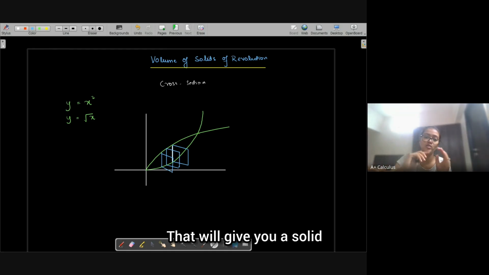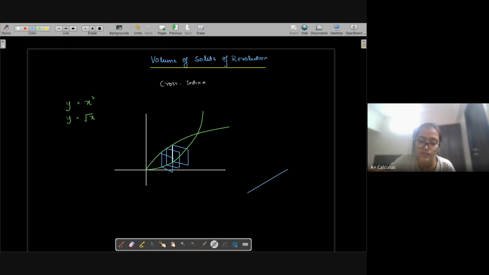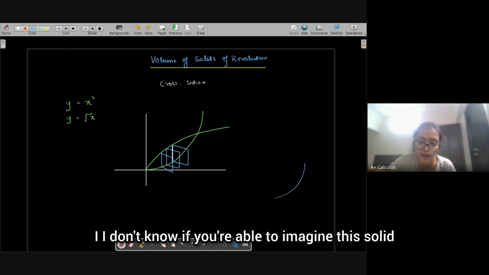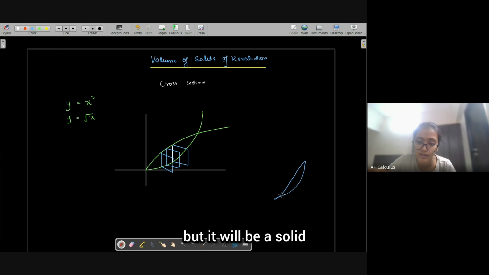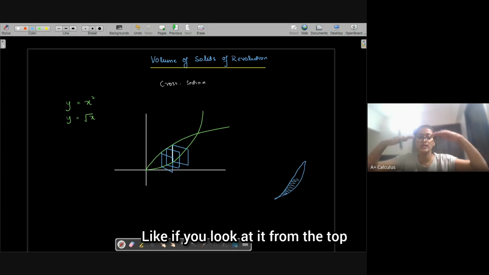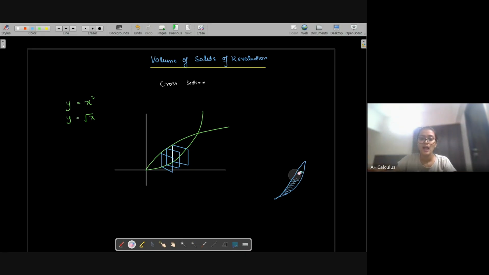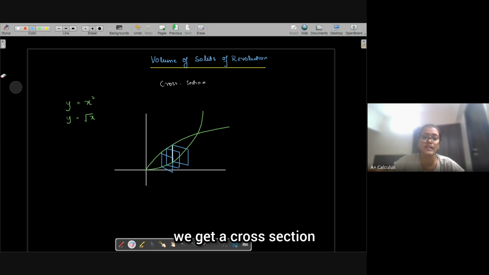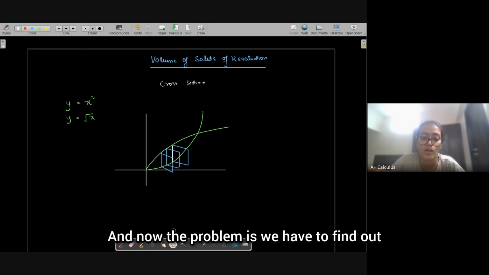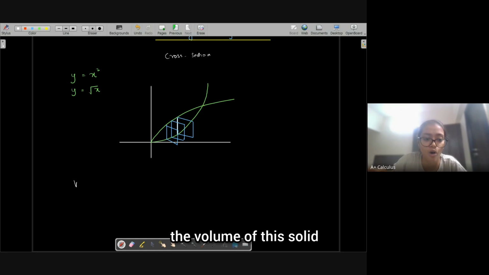That will give you a solid. I don't know if you're able to imagine this solid, but it will be a solid. Like if you look at it from the top, you will see a solid. And if we cut it, we get a cross section, which is a square. And now the problem is we have to find out the volume of this solid.